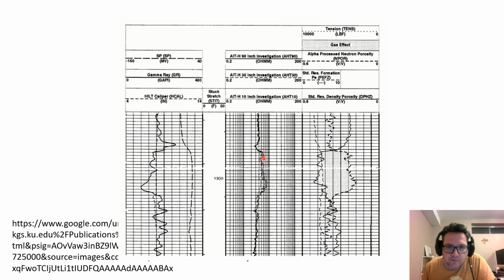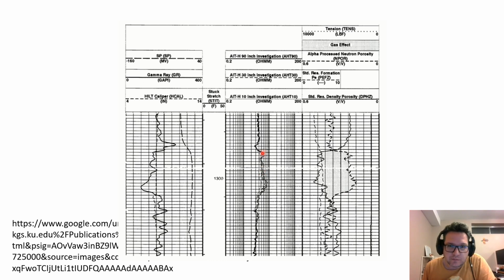So our average would be somewhere around here. This is 20. No, sorry, 2. This is 2, 3, 4, 5, maybe between 5 and 6. I would go with 6.